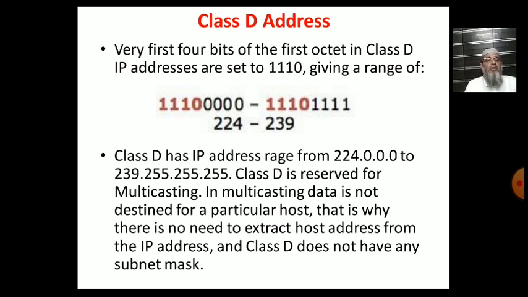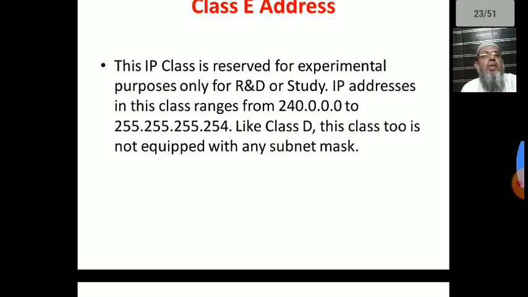We don't want to communicate one-to-one or to all. In that case, selected machines in a particular network segment should be communicated with. For that purpose, we use the class D IP address, and it has no subnet mask.